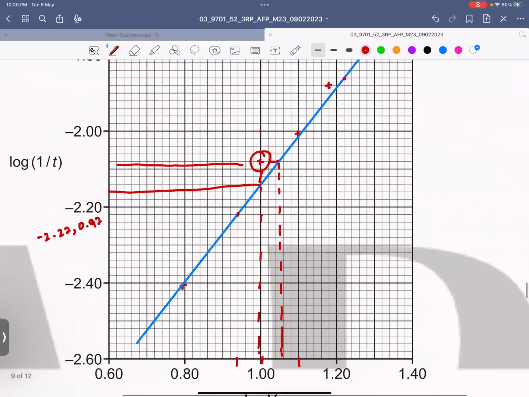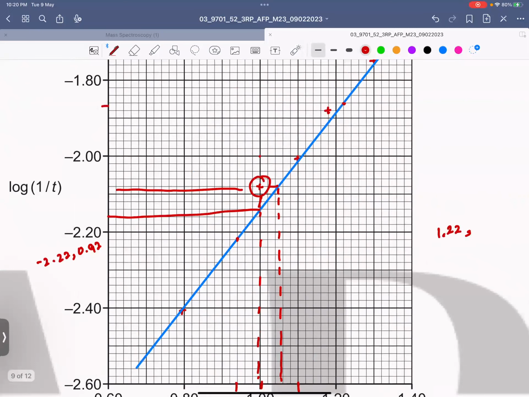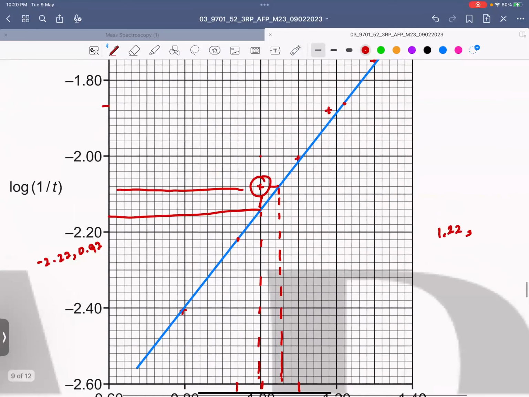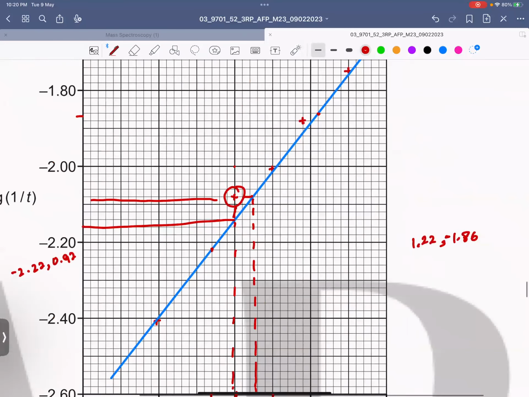On x-axis, it is 1.22, and on y-axis, it is minus 1.86.